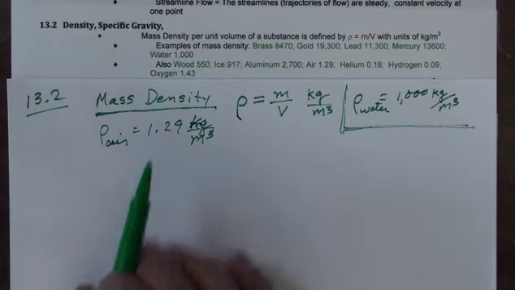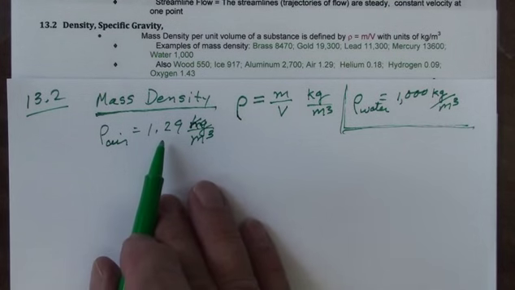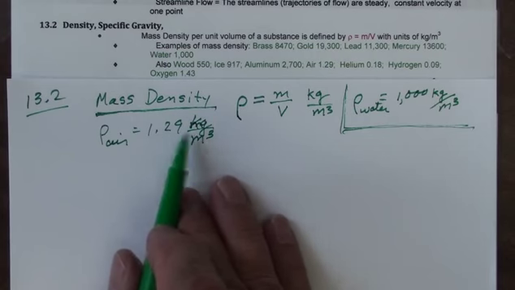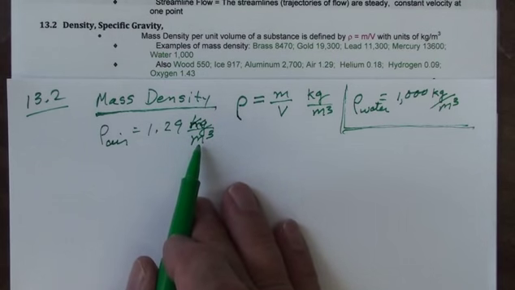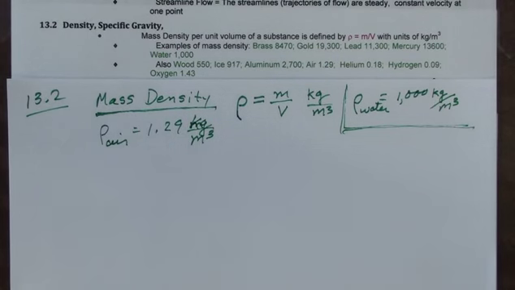So water, being 1,000, is about 1,000 times as dense as air is. But air does have a mass. It weighs a kilogram for a cubic meter. And that's not something you can easily see, because if you take a cubic meter of air, it's not obvious that this is going to weigh essentially a kilogram. That's 2.2 pounds, but it does.